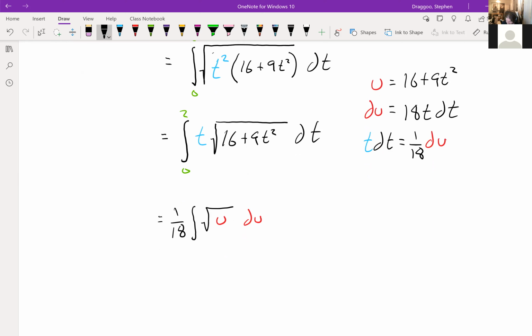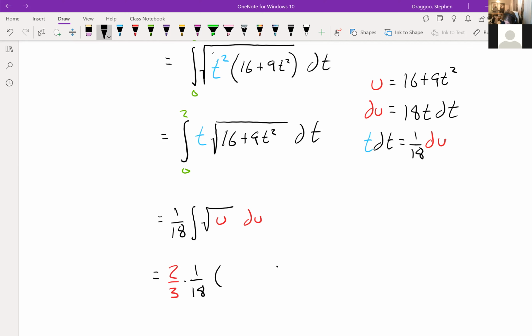Because now if we integrate this thing, it's not so bad. The square root of u, that's u to the 1/2. It's going to integrate to u to the 3/2 times 2/3. So we'll have 2/3 times 1 over 18 times u to the 3/2.